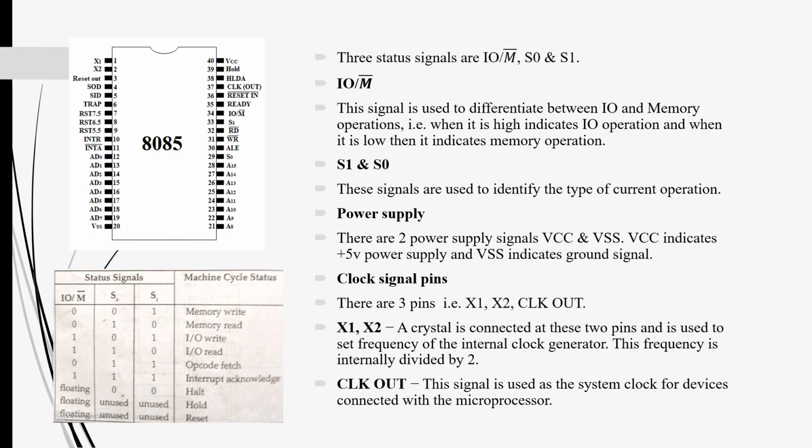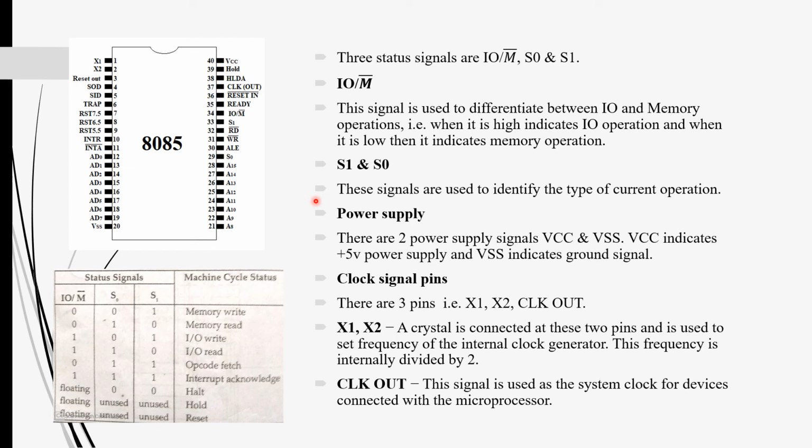3 status signals are there: IO/M bar, S0 and S1. So here you can see S0, S1 and IO/M bar. So we will first see IO/M bar. This signal is used to differentiate between input-output and memory operations.